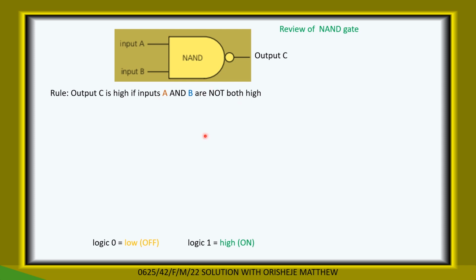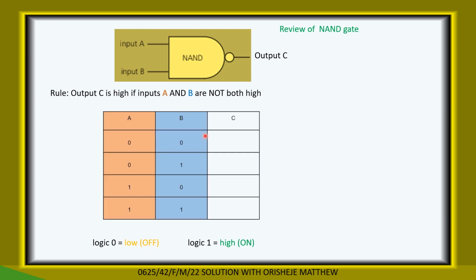Okay, so let's see. If A is low, C is high if both A and B are not high. So in this one, both are low. What is going to happen? If both are not high, it's going to be high.